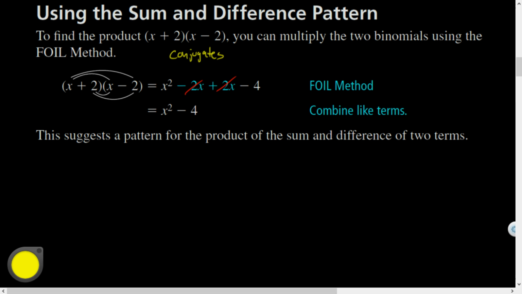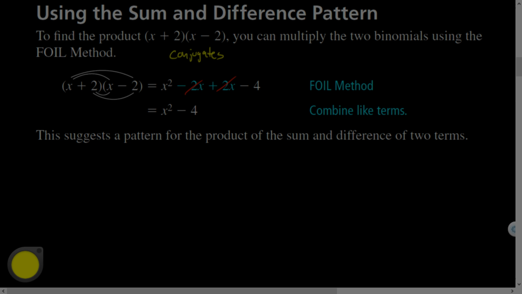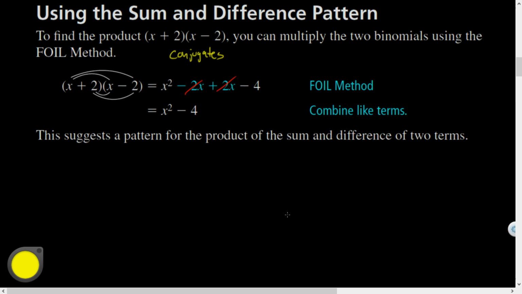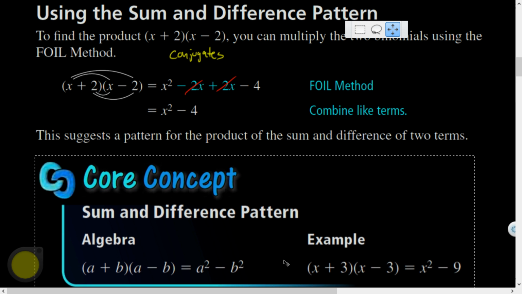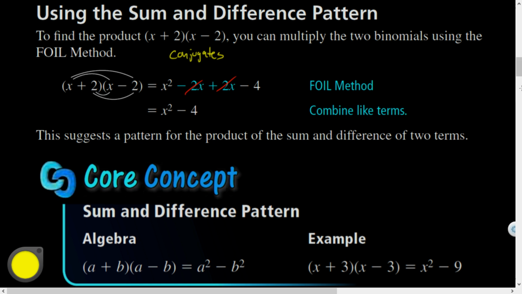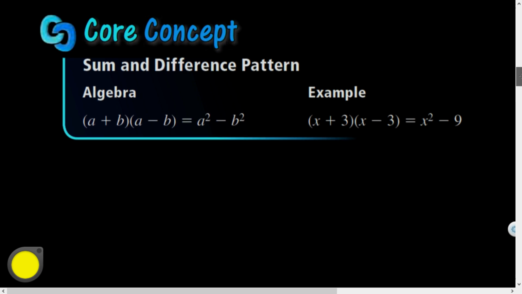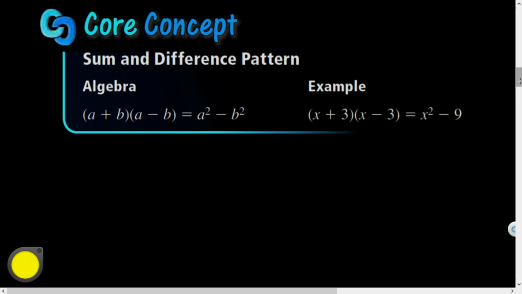And this is your sum and difference pattern. It's even easier than the last pattern. It's gonna be great, the sum and difference pattern. All right, here we go. Sum and difference pattern: a plus b times a minus b is equal to a squared minus b squared.